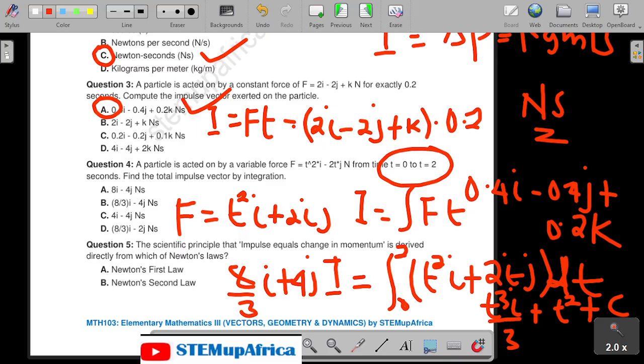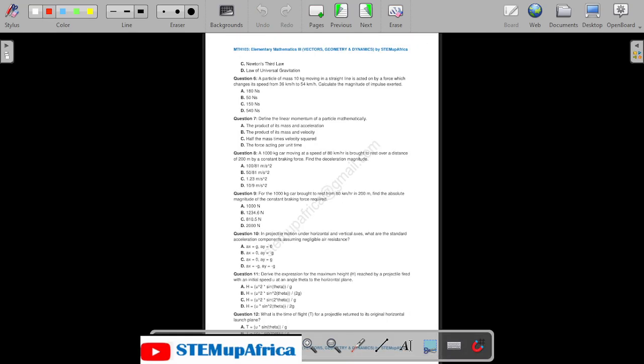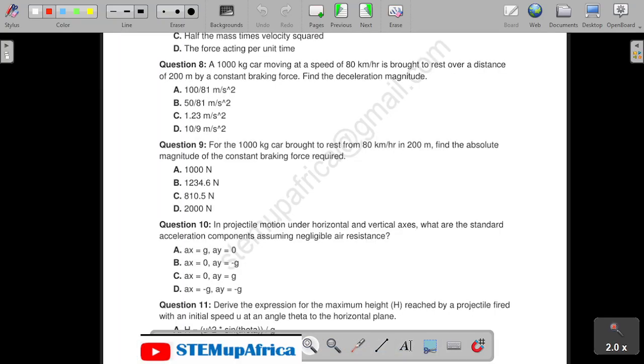Okay, it's minus, not plus. We also carry minus. So 8 over 3 I minus 4J in Newton seconds, which is option B. Say the specific principle that impulse equals change in momentum is Newton's second law of motion.